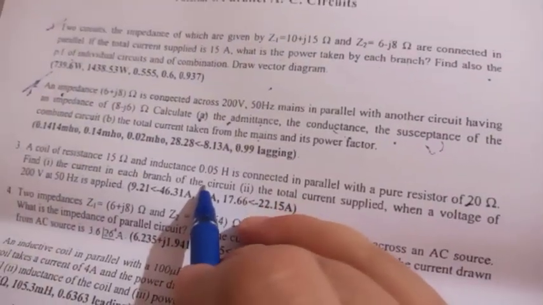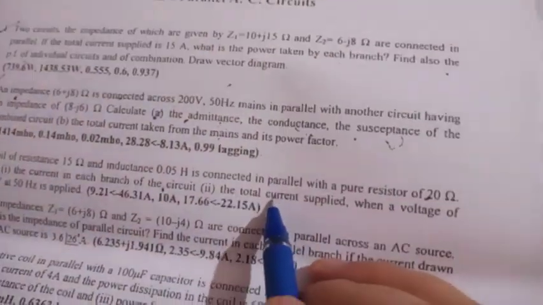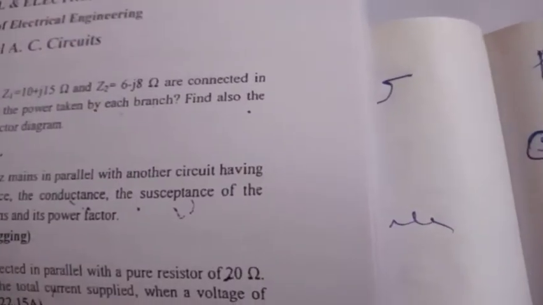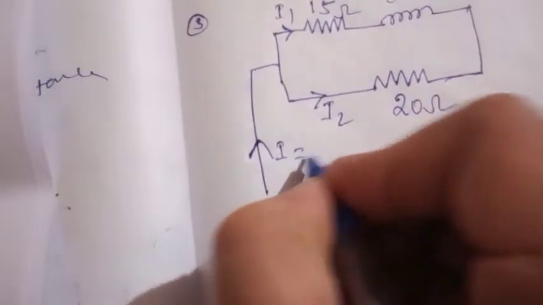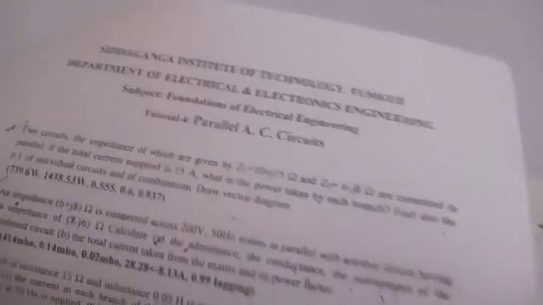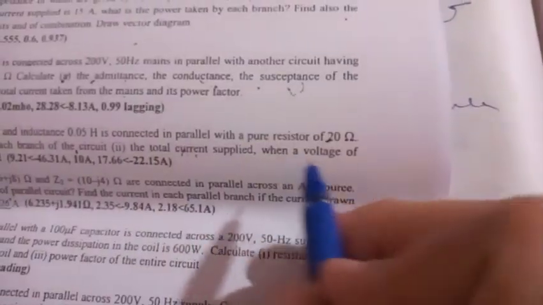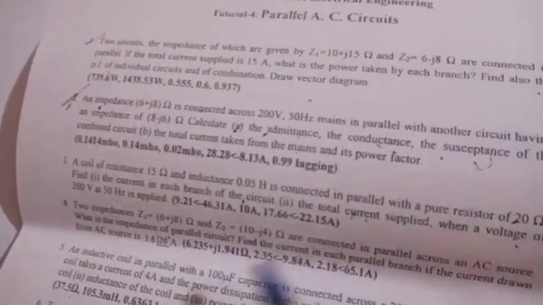Okay, I have to calculate I1 and I2. Next, the total current supplied, I, is equal to question mark. The total current supplied when a voltage of 200 volt at 50 hertz is applied.